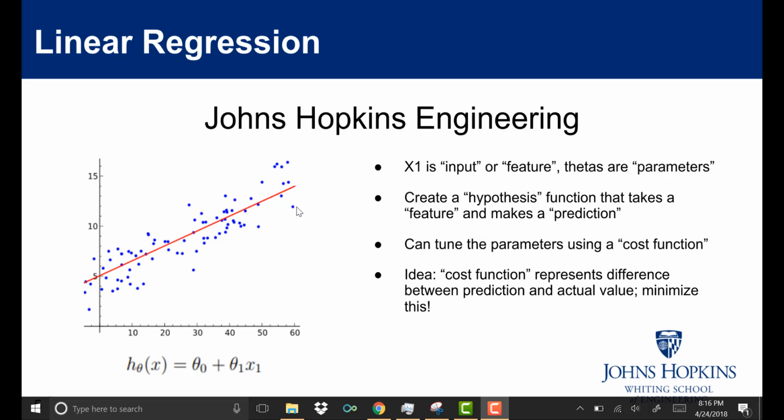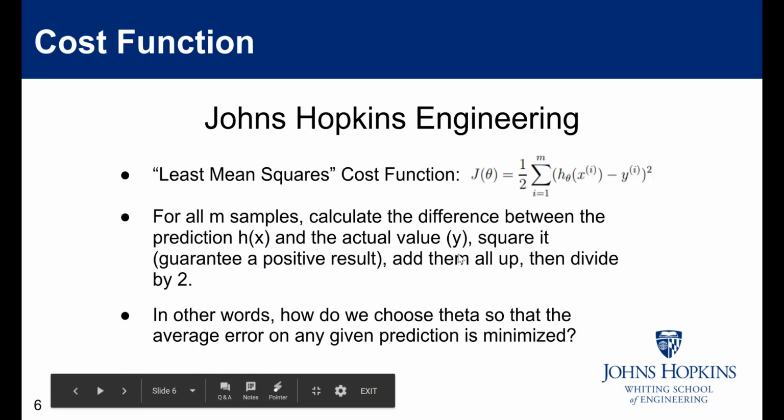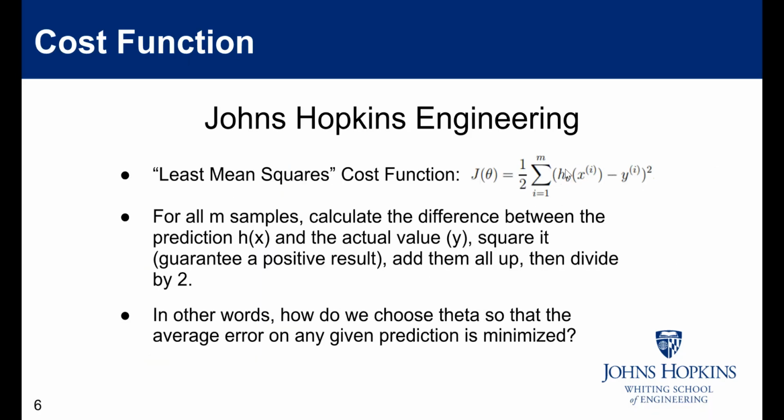But look what our linear regression told us we would get. If we follow 60 up to the regression line, we got a value of 14. So our prediction using this line was 14, but the real life example was 12. So if we go back to the cost function slide, h of theta of x, our hypothesis when x was equal to 60, was 14.